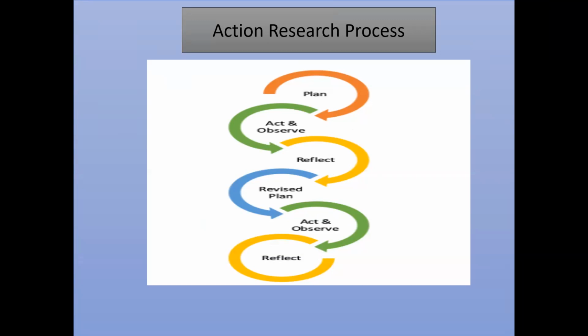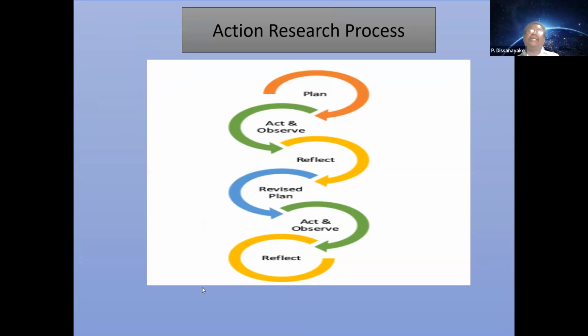It is research. Why? You generate new knowledge. You investigate a problem, propose a solution, you work it out. Through the classroom process, you found, reflected, and you found some better way to improve the quality of teaching.